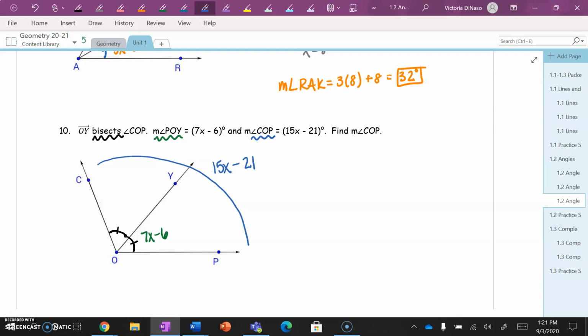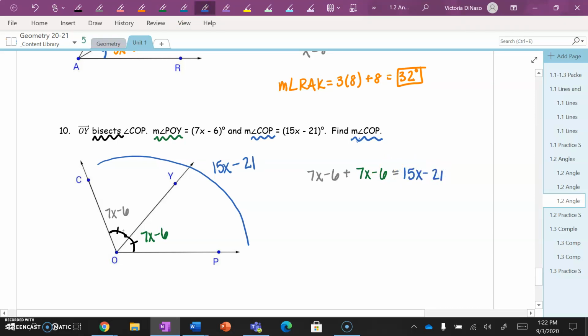So eventually, we're going to have to figure out what the entire thing is. Well, since I know that this bisector, this ray, cut it into two equal parts, I can also say that COY is 7x minus 6. So we take 7x minus 6 plus the other 7x minus 6 and set it equal to the whole thing, which is 15x minus 21.